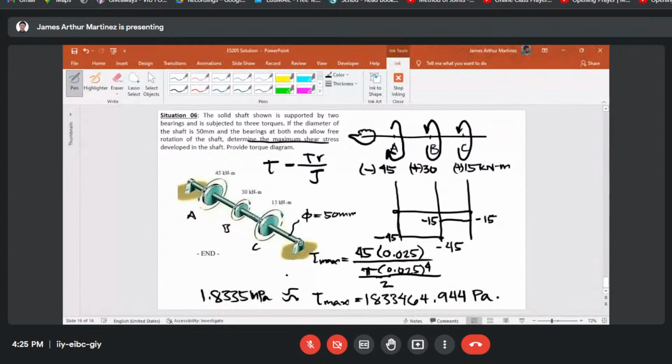No, but since wala man nag-indicate ang problem no kung what unit i-express ang imong final answer, so technically this is also correct.